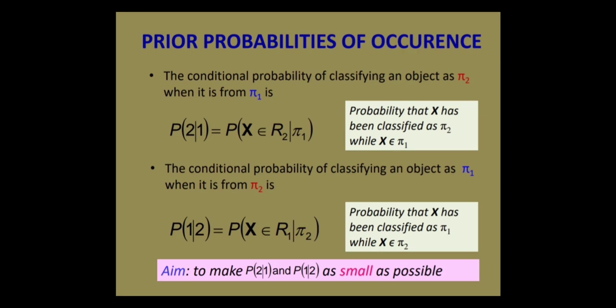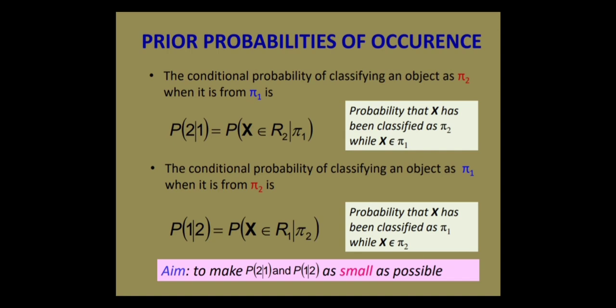So kalau conditional probability of P21 means the probability that X has been classified as pi 2, which is in the region R2, while actually it is from the first population, the first region.